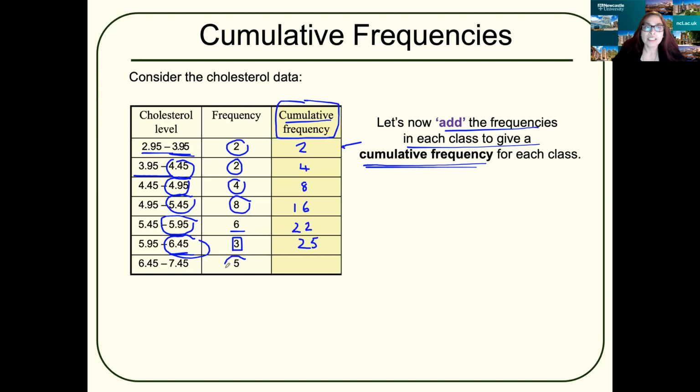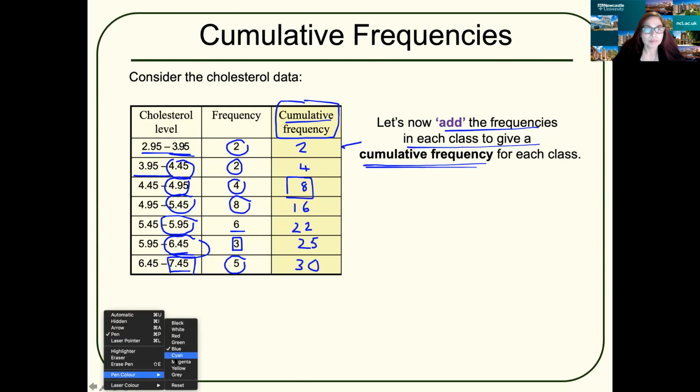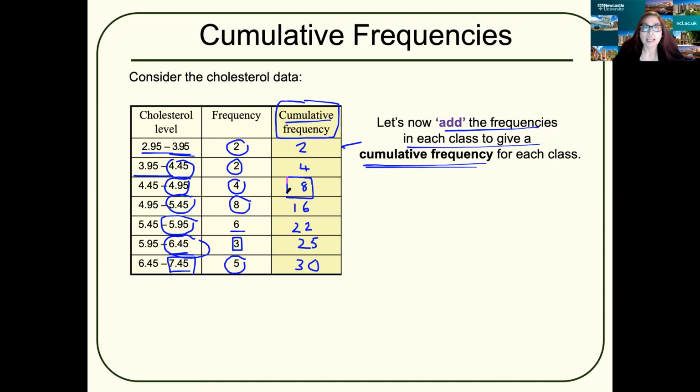And 5 plus 25 is 30. So there are 30 data up to 7.45. There are 30 adults whose cholesterol level is below 7.45. There are 8 adults whose cholesterol level is below 4.95.